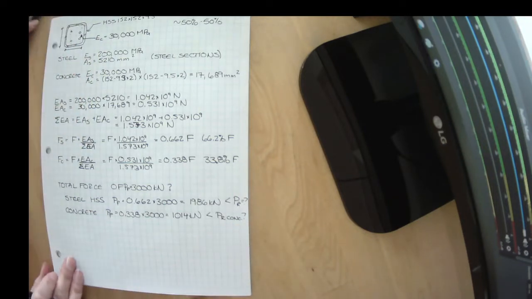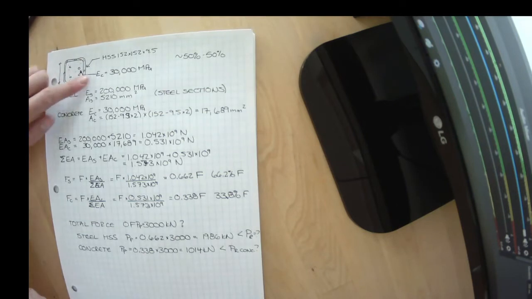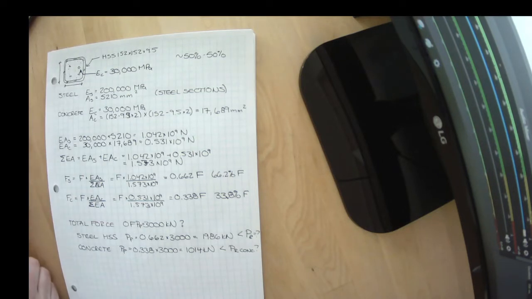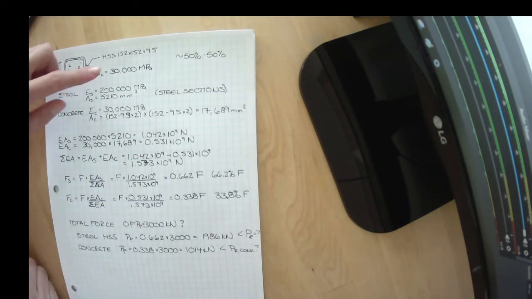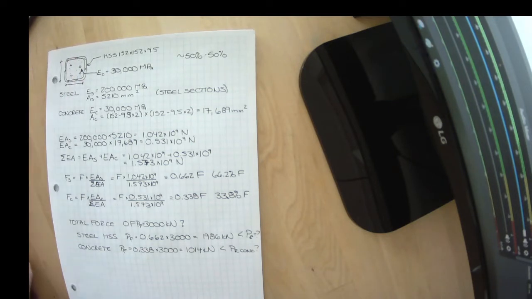So for this system to work, we need to be able to check that the steel works and the concrete works. But that means we need to know what load goes on the steel and what load goes on the concrete. Once we know that, we can assess the capacity of the steel and the capacity of the concrete. Steel, we know we have a very complicated equation, but it seems like buckling would be a little bit different because it's filled with concrete.